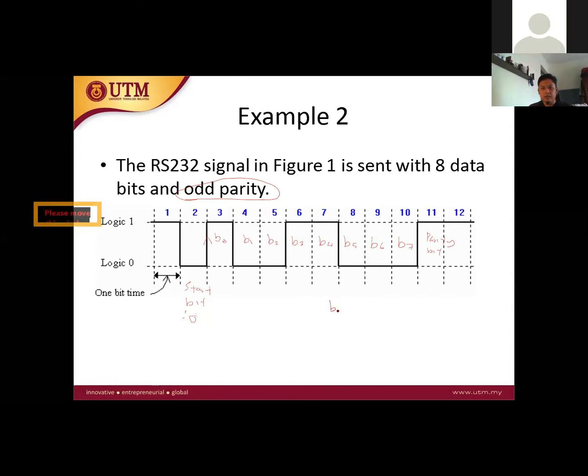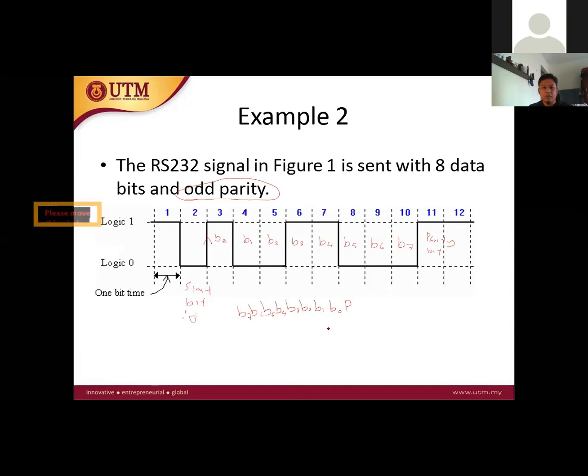So B0, B1, B2, B3, B4, B5, B6, and B7, and this is the parity bit.